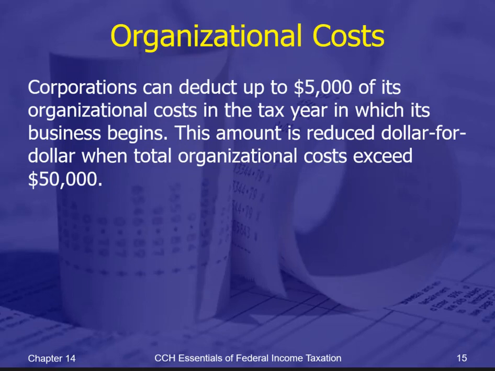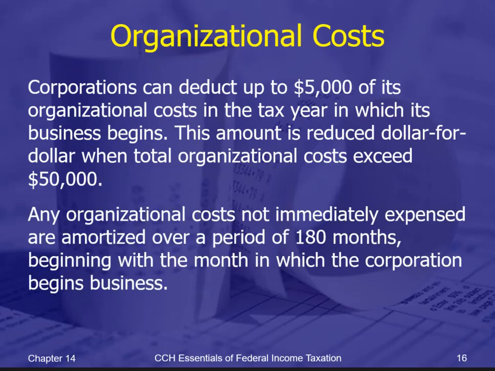We can deduct up to $5,000 of those organizational costs, which would cover most simple corporations. That amount is reduced if your organizational costs get over $50,000. If you don't expense it now, you get to take it over 15 years or 180 months. That's just a long time to deduct it over that period of time.